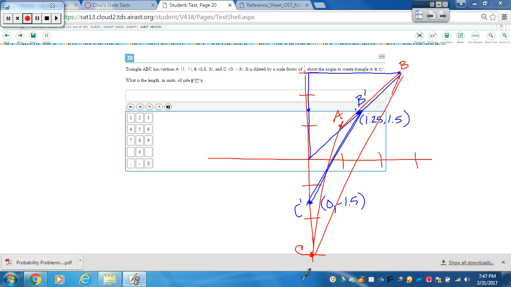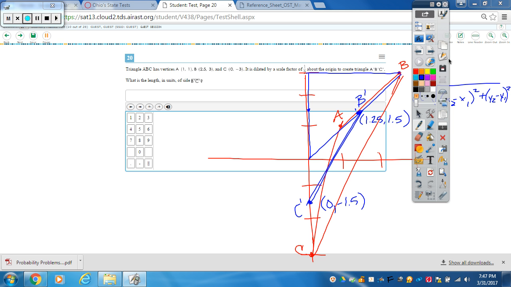What is the length in units of B prime to C prime? So in order to figure that out, I would go ahead and do the Pythagorean theorem again. Now, you can use your distance formula. You don't have to do the Pythagorean theorem, but I think the Pythagorean theorem is easy enough to do.